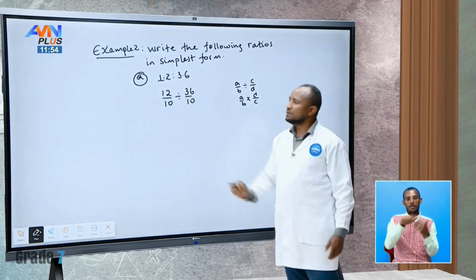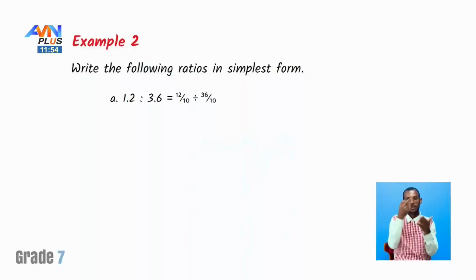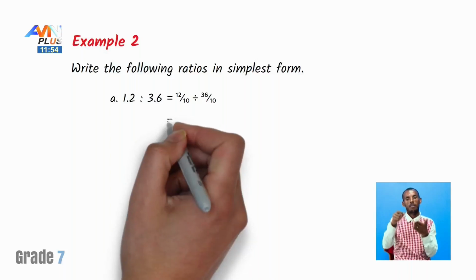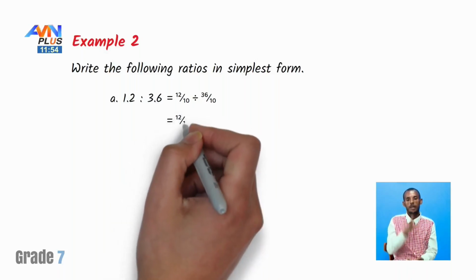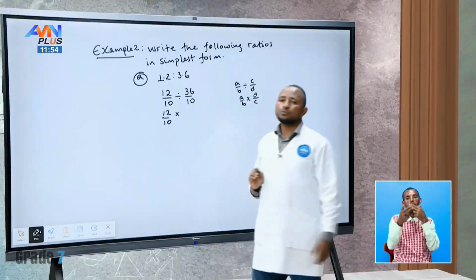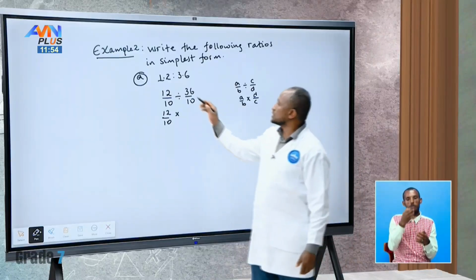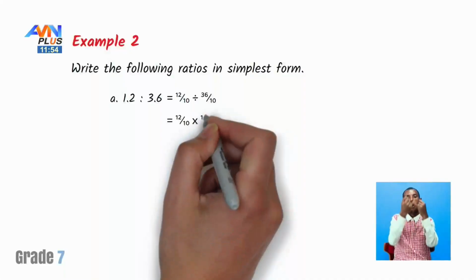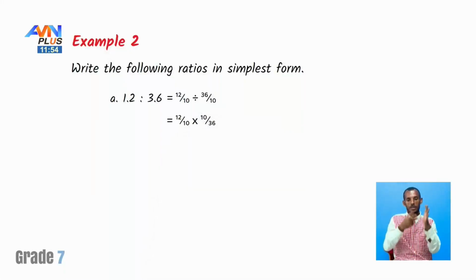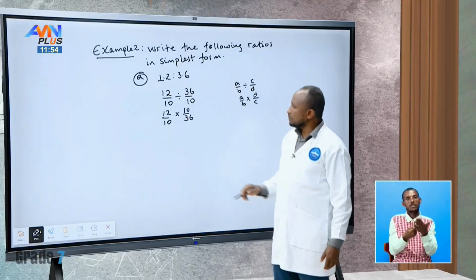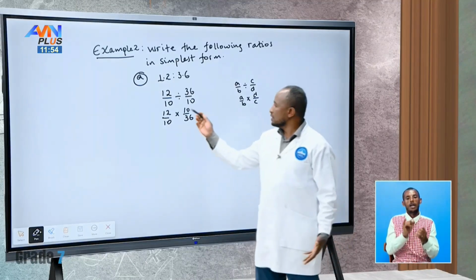Therefore, to divide this, write this as it is, change the division to multiplication, and take the reciprocal of this one. So 36 over 10 becomes 10 over 36. After this, I can simplify these two.